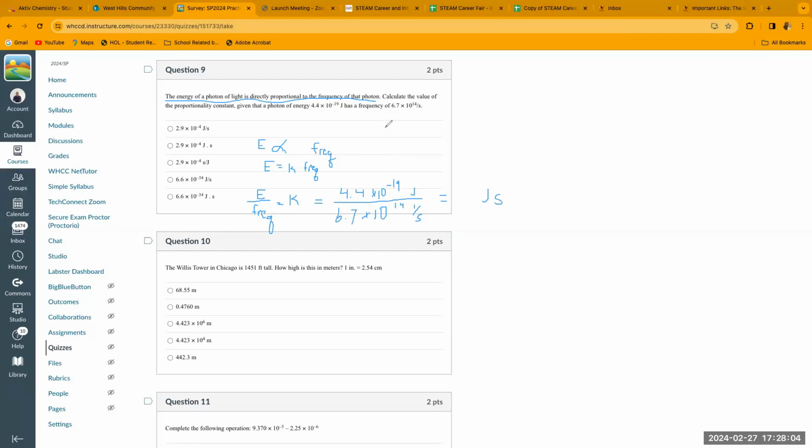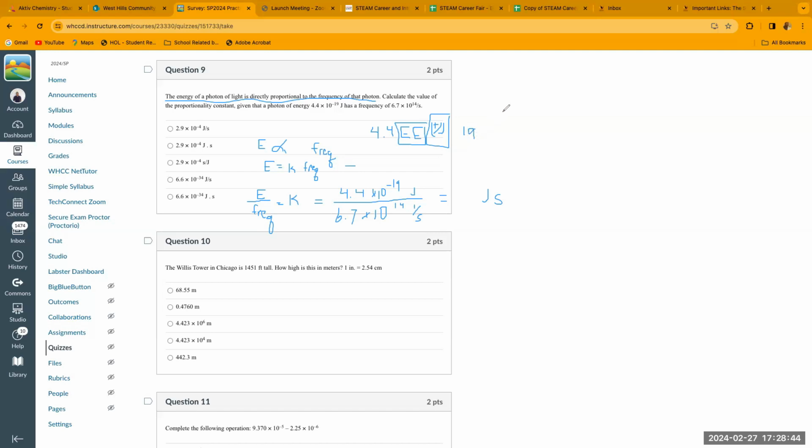Okay, if you're plugging this into your calculator, you're going to plug in 4.4, then the EE button, then the plus or minus button, that'll be a button too, then 19.